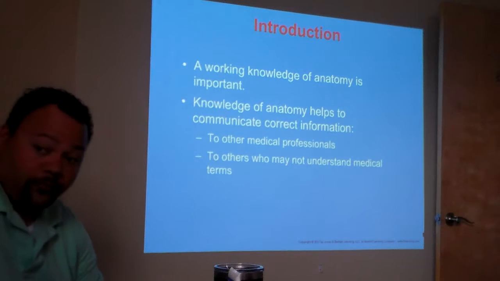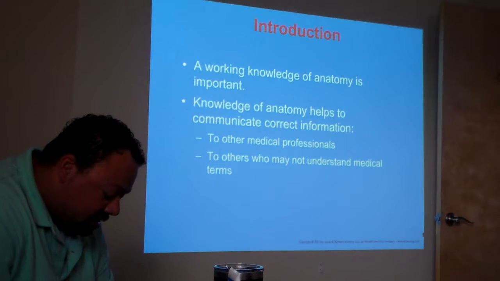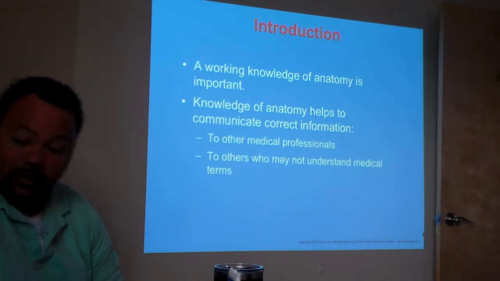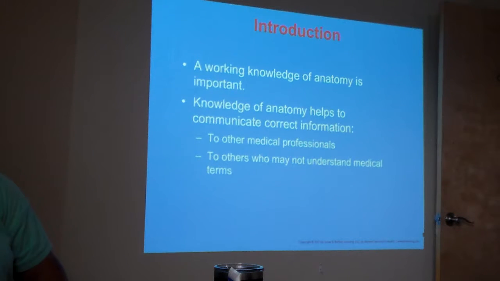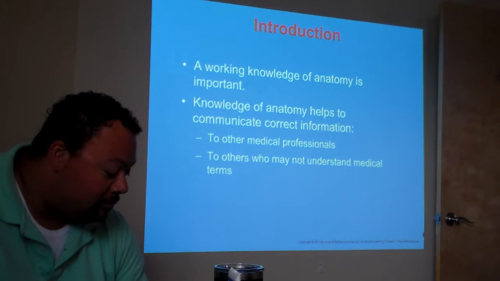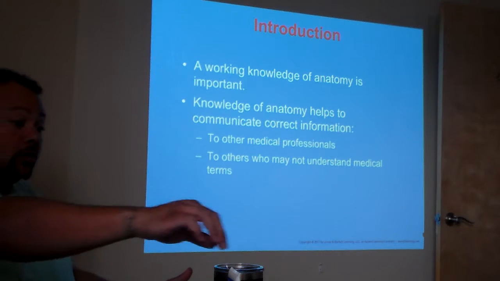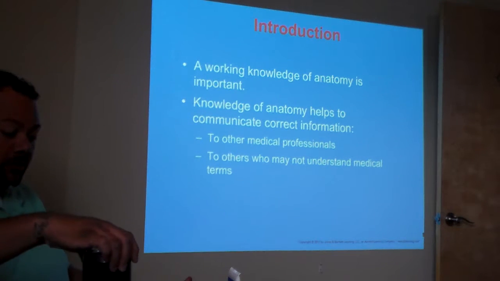All right. So in order to properly care for your patients, you have to have a working knowledge of the anatomy of the human body. That is a must. You have to understand that the knee bone and the thigh bone and the hip bone are connected, where things go, and why they're connected the way they're connected, or how they're interconnected, to be able to see why one thing affects something else.